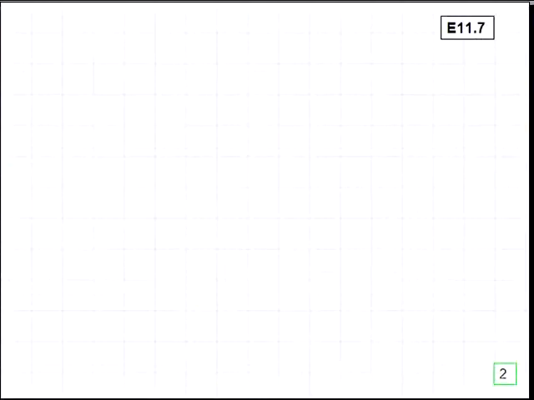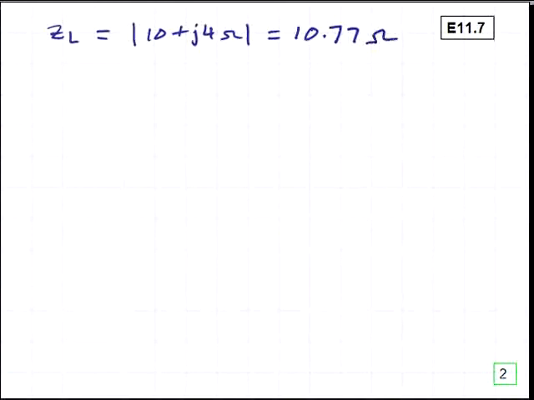Now we can calculate the magnitude of the phase voltage at the load end. So Z sub L is equal to the magnitude of 10 plus j4 ohms, and that is equal to 10.77 ohms. Now we can apply the AC Ohm's law.